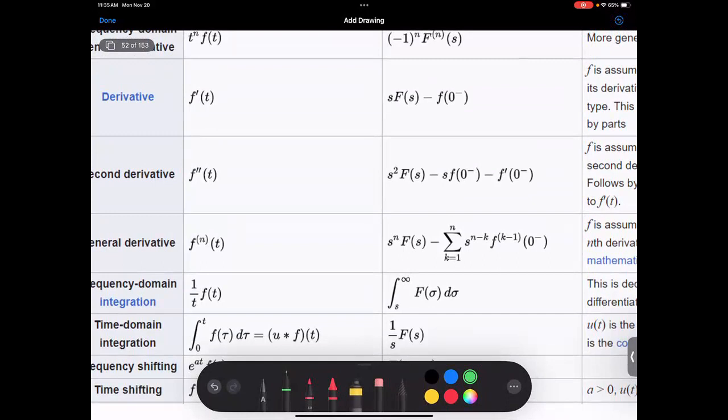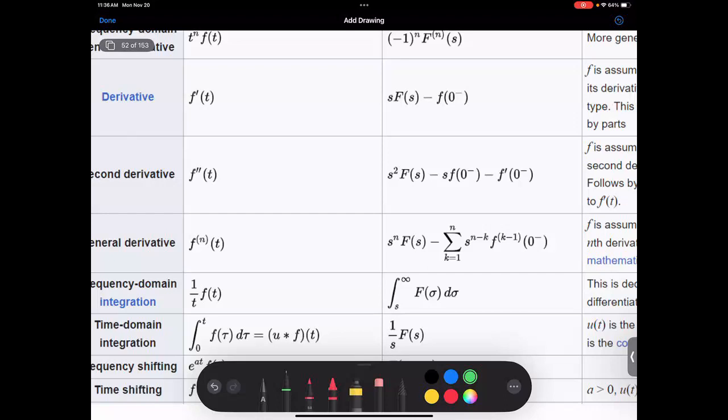Little f, k minus 1 derivative at 0, that's a constant. So what the Laplace transform allows us to do is convert derivatives into multiplication and polynomials.